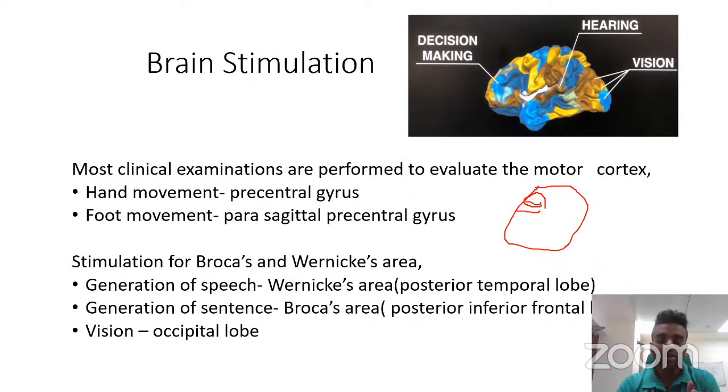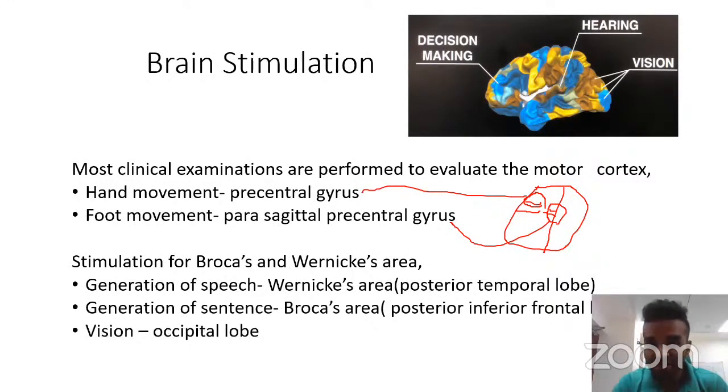In the almost superior-most parietal region, near the falx cerebri, this is the paracentral region. You could see small structures like this. This is the region which controls our foot movement, and this precentral gyrus region controls our hand movement.